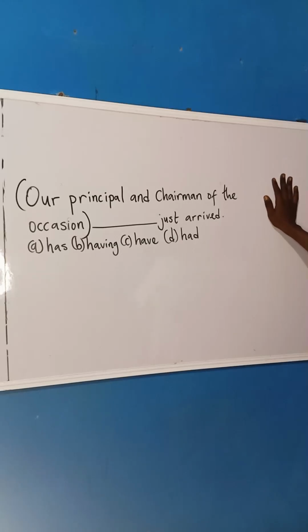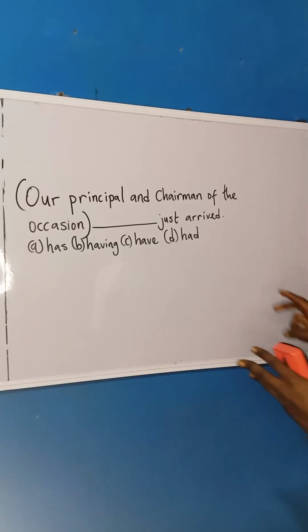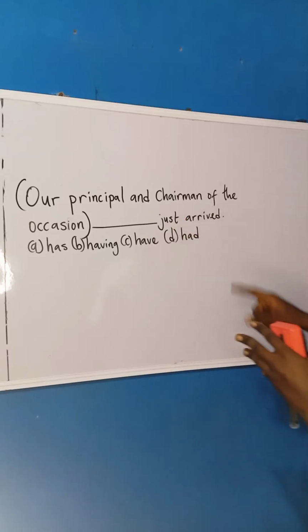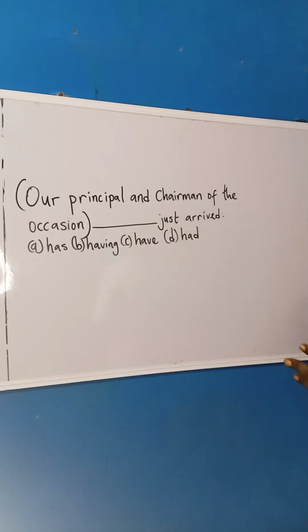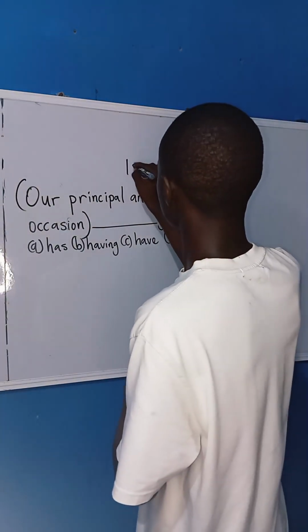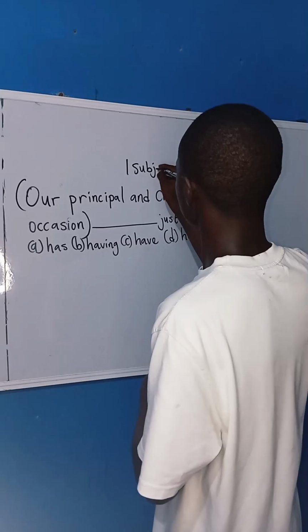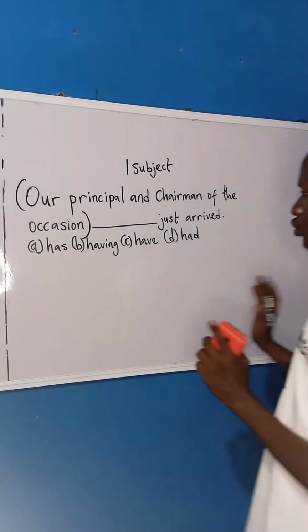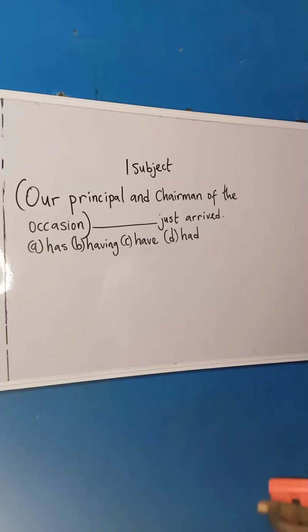Understood, right? So that is why I said based on what you see, we have two subjects, but based on the actual meaning, we have just one subject. In a nutshell, everything here is just one subject. Understood, right?